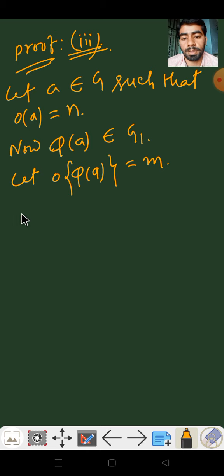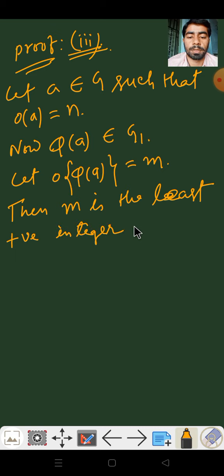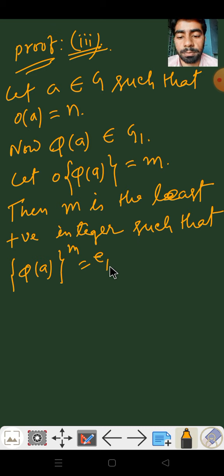Then by definition m is the least positive integer such that phi of A whole to the power m equals e1.